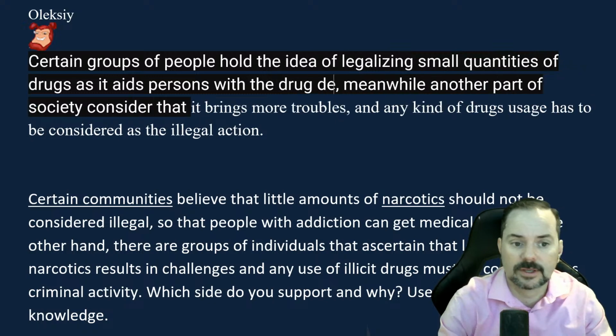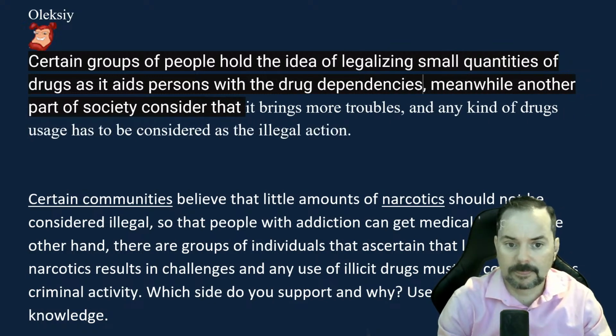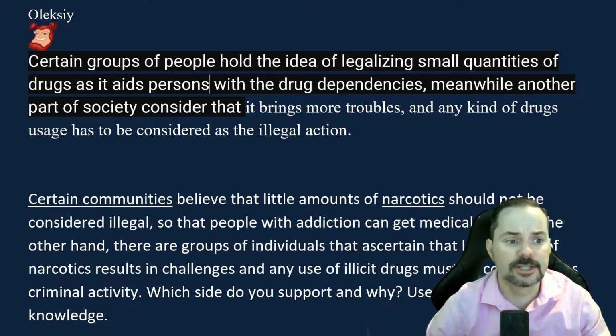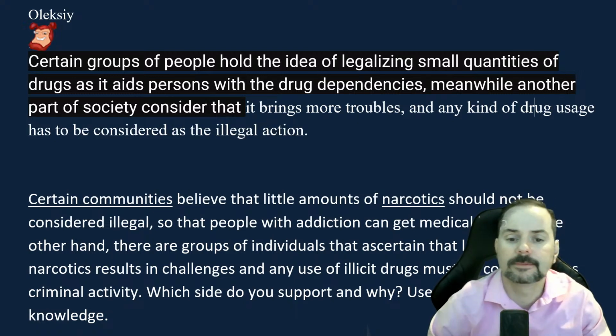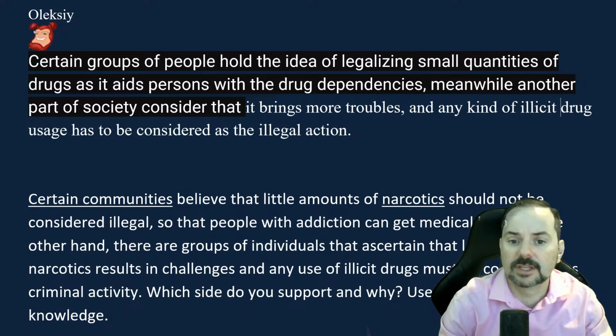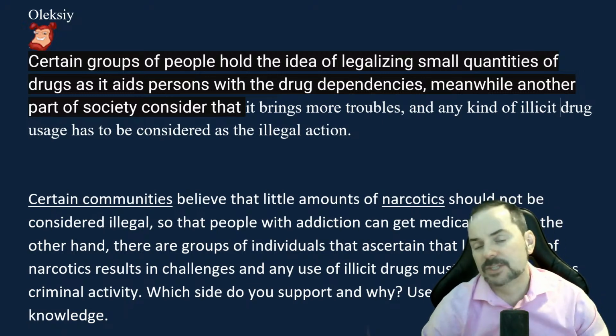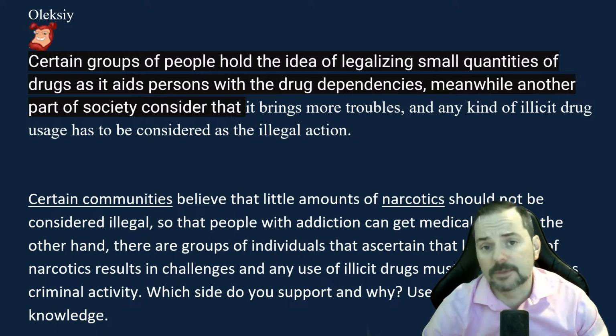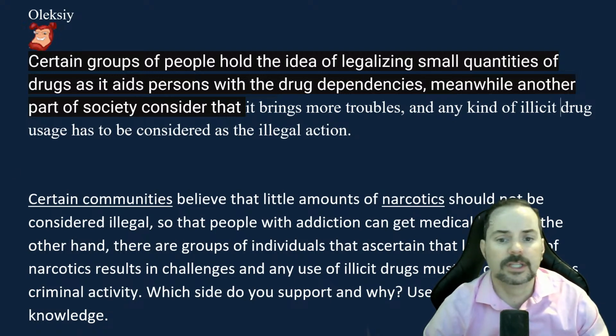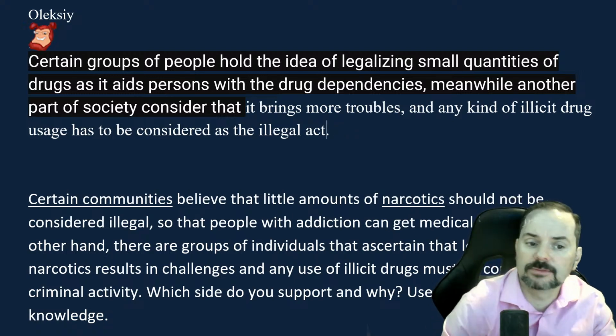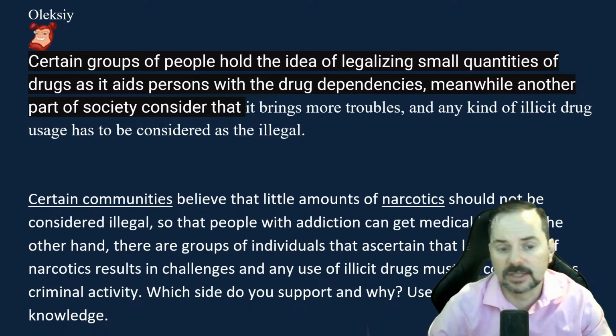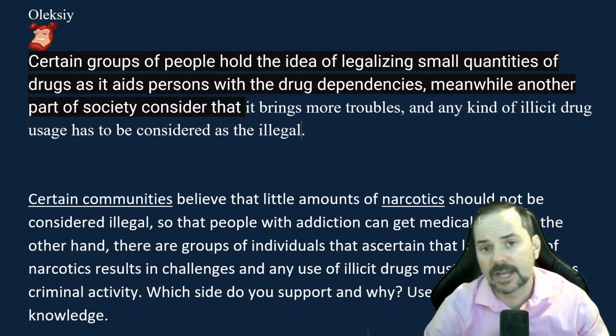Very nice. Meanwhile, other parts of society consider that it brings more troubles, and any kind of drug usage. Now let's put illicit. Illicit means illegal drug usage, because drugs also actually mean pharmaceutical medicines as well. So illegal drug usage has to be considered as illegal action. You don't need the word action, because that's included in the concept of illegal. So a couple of small corrections to make it more natural, more accurate, but overall, Alexi, a very good paraphrase.